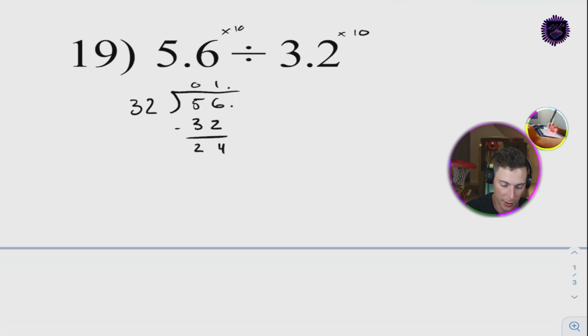Put our decimals in there, and add our 0 placeholder, 240. 32 into 240. 32 will go into 320. Half of 320 is 160.